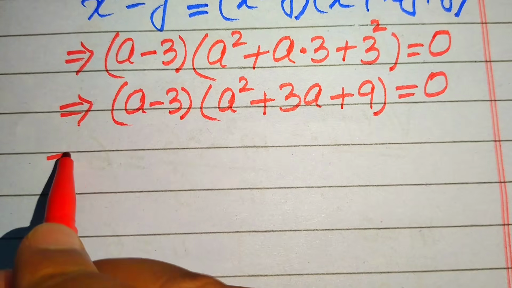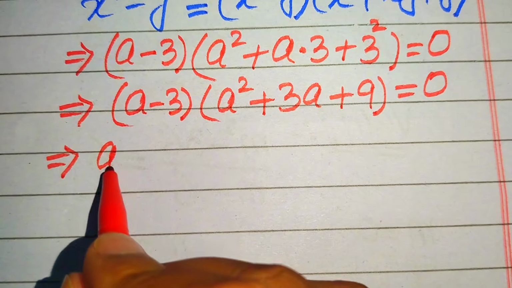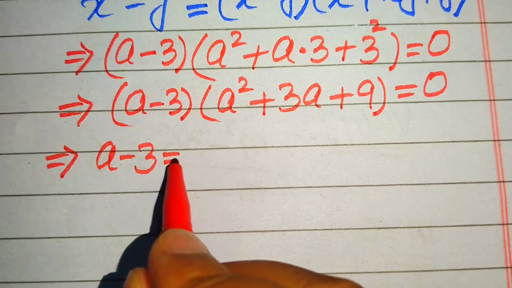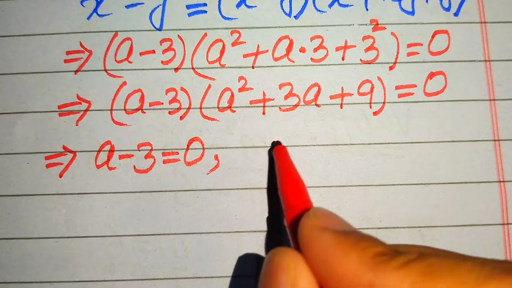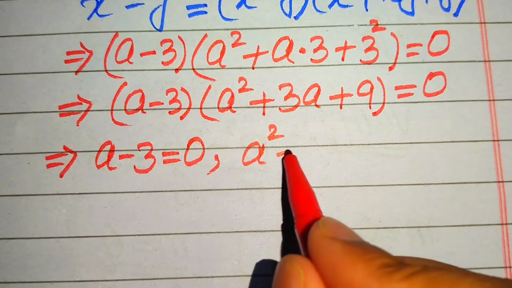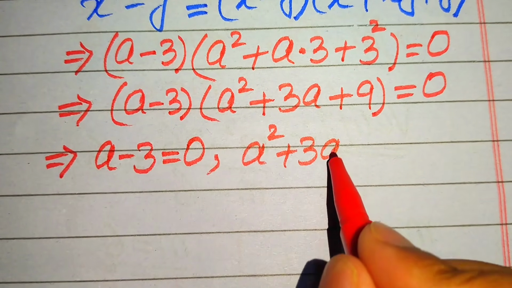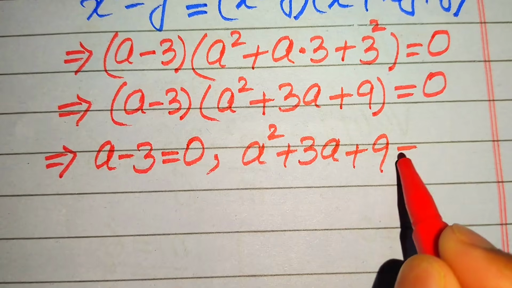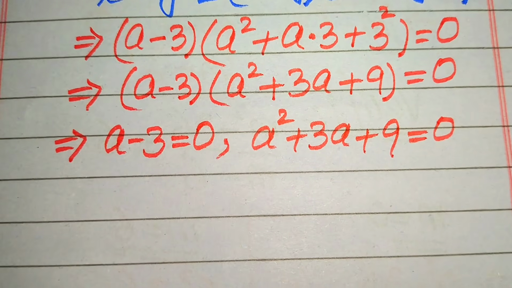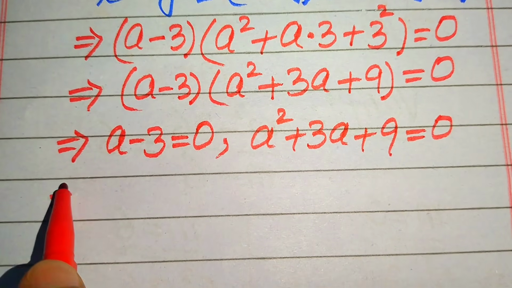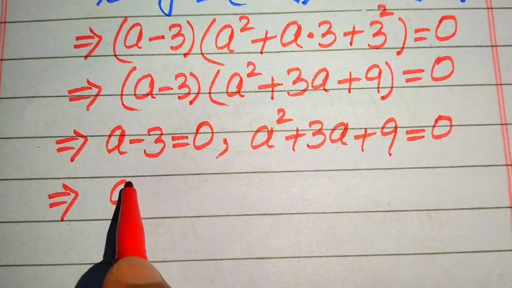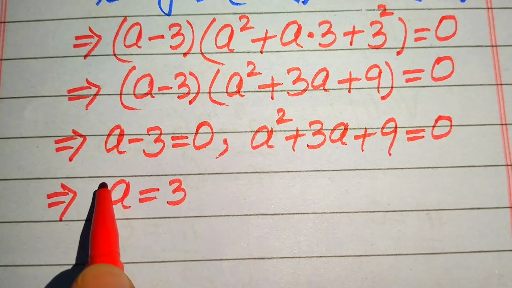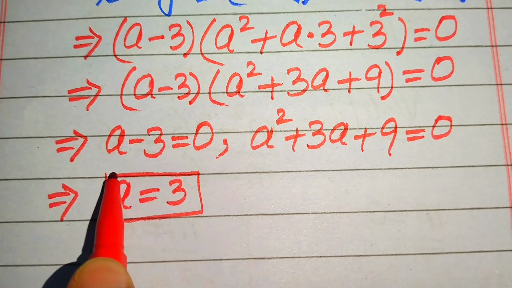Now we divide this equation into two cases. The first case is a minus 3 is equal to 0, and the second case is a square plus 3a plus 9 is equal to 0. In the first case, we move minus 3 to the right hand side and get a is equal to 3.